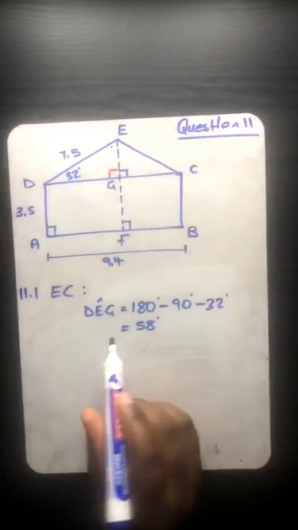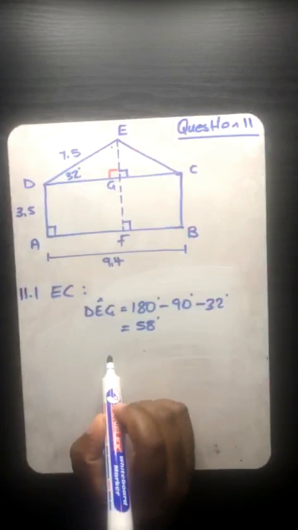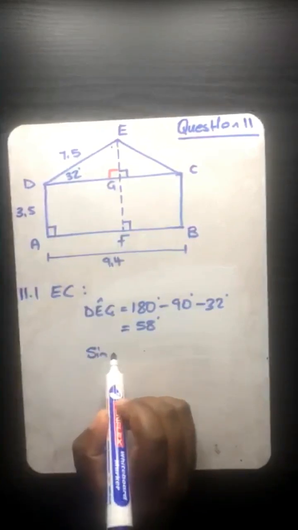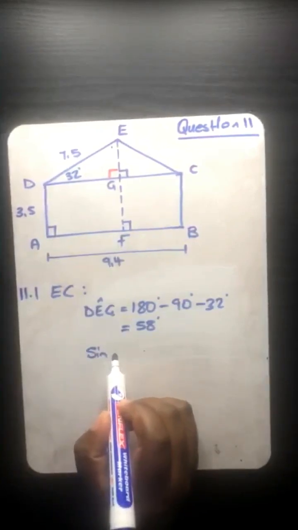So you can use the sine rule. Sine rule, sir. You know that we're looking for the side EG.